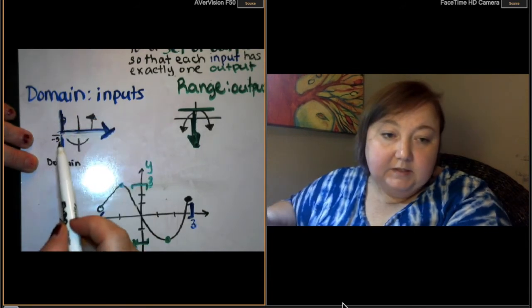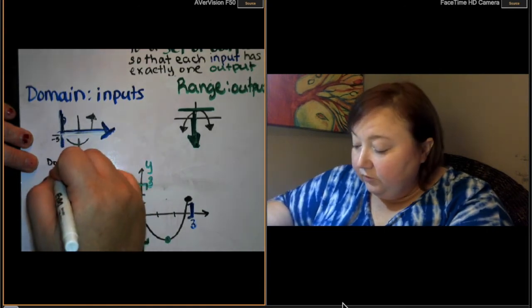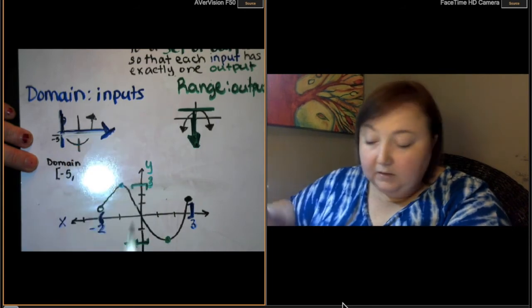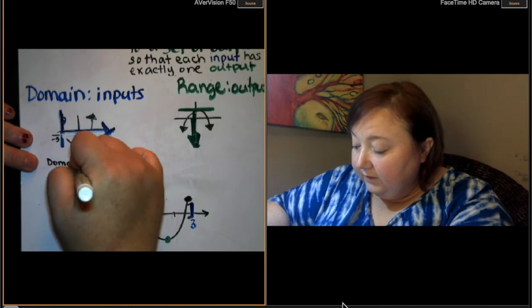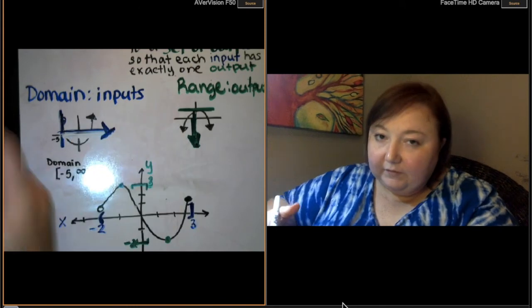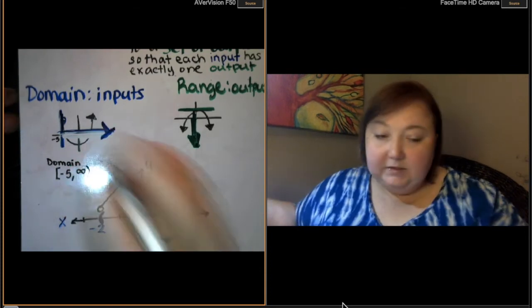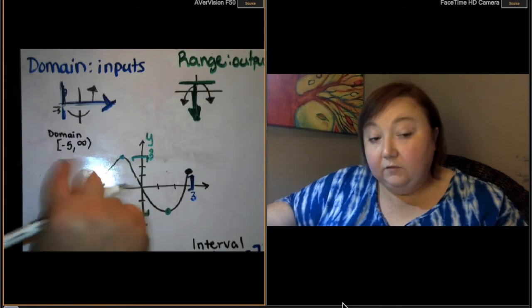So let's say that's a -5 right there. So -5 would be included, and then it goes forever that way, so to infinity. You can't include infinity. Infinity is not a set number, so we would have to use a parenthesis in that case. So that is domain in interval notation.